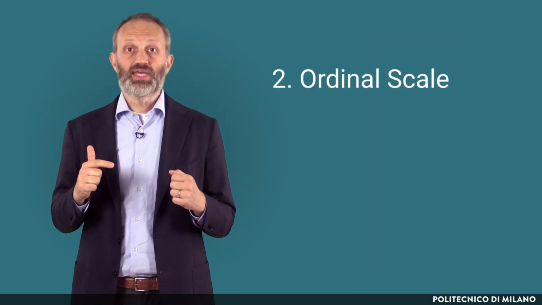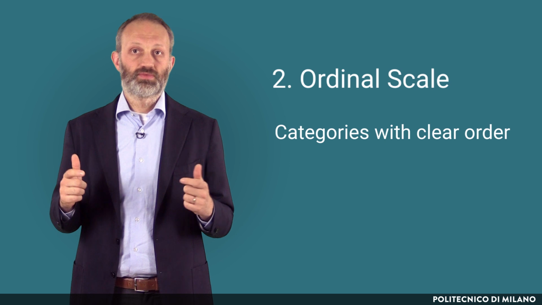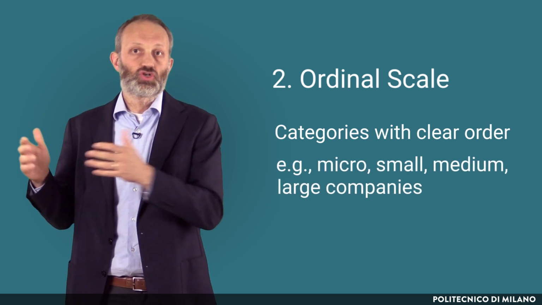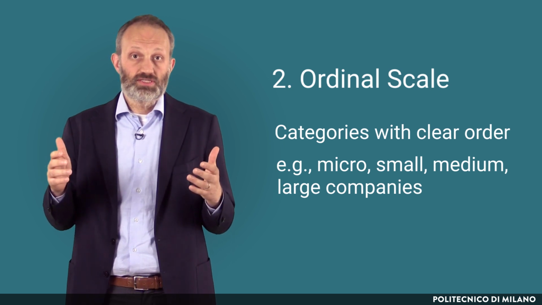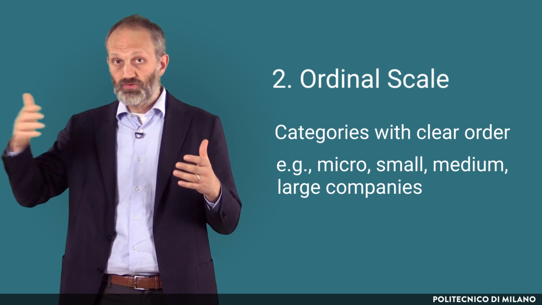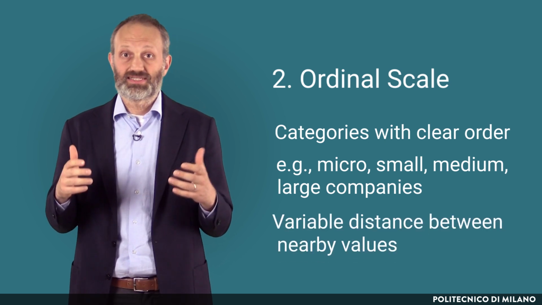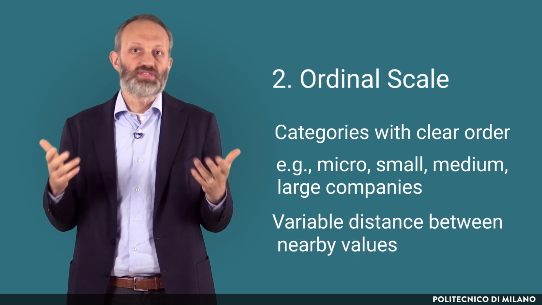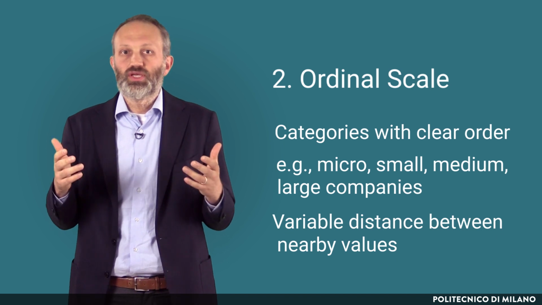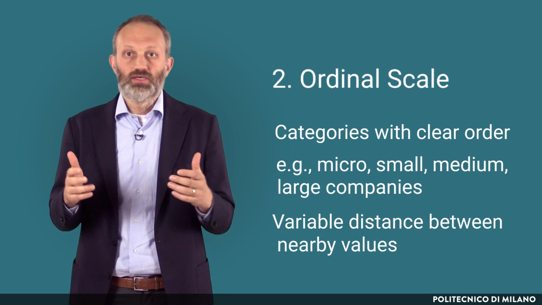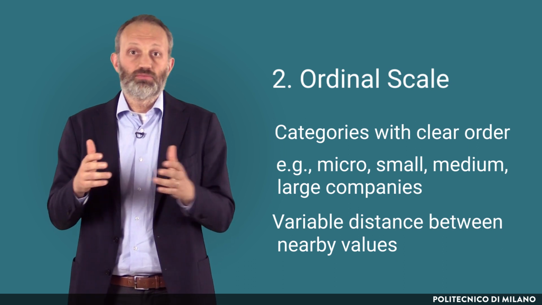Ordinal scale, when categories do have a clear order. This is the case, for example, of micro, small, medium and large companies, which are categories with a clear progression from the smallest to the biggest. However, the distance among 2 of them is not constant, since the difference between micro and small enterprises, in terms of employees, is not the same between medium and large ones.